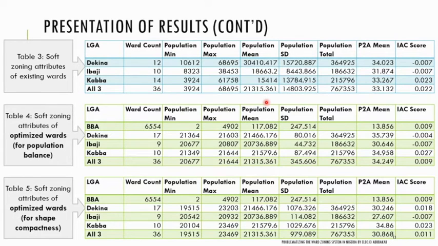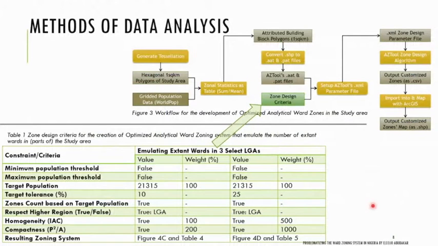21,315. So the idea is to tell the algorithm, that's the AZ tool, that if you want to have a zoning system whose optimal population is 21,315, and who meets all of these criteria, because you can see the maximum population threshold, minimum target population tolerance, and all of these, what would that zoning output be like?